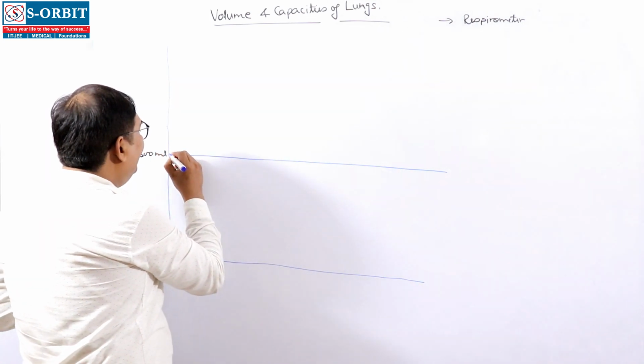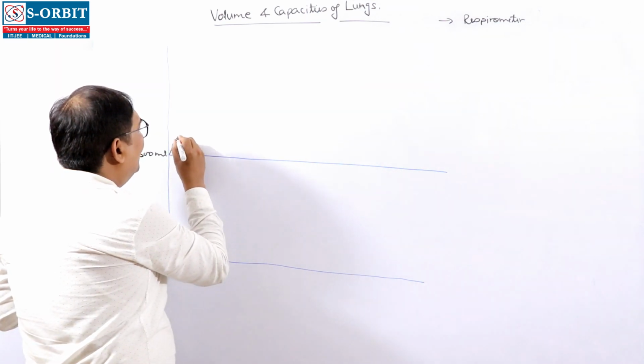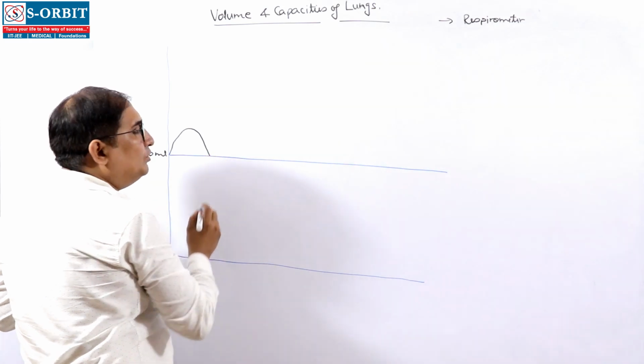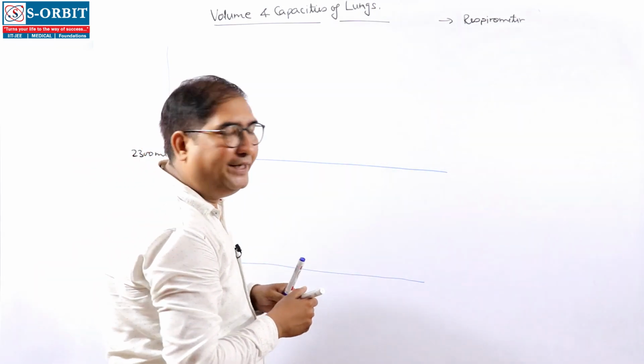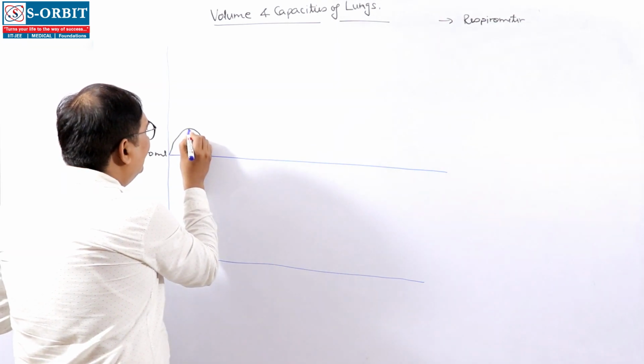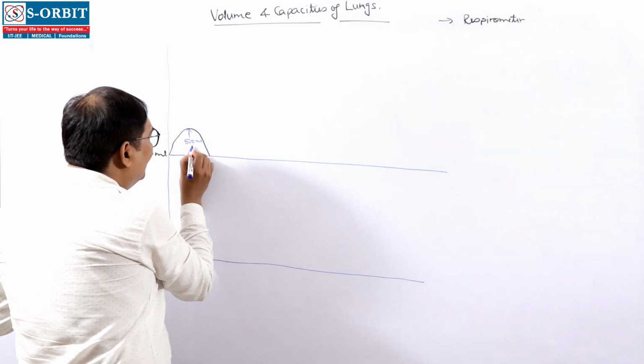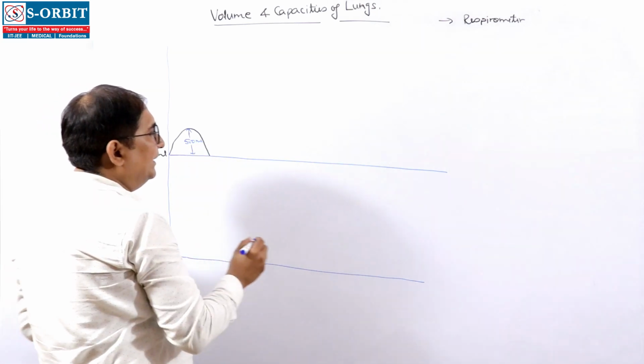During normal breathing, a human being normally inspires or expires about 500 ml of air, which is called its tidal volume, 500 ml. Okay?